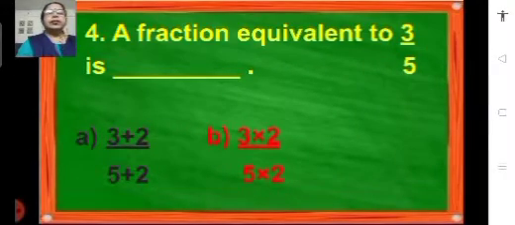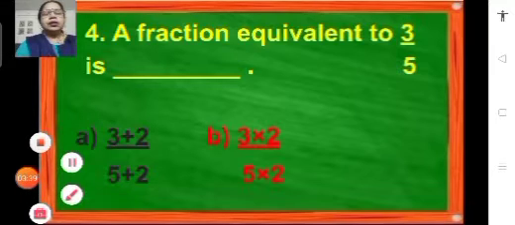Next question. A fraction equivalent to 3 upon 5. So here you have to find the equivalent fraction. How do we get an equivalent fraction? We get an equivalent fraction to a given fraction by either multiplying both the numerator and the denominator by the same number, or by dividing the numerator and the denominator by the same number.